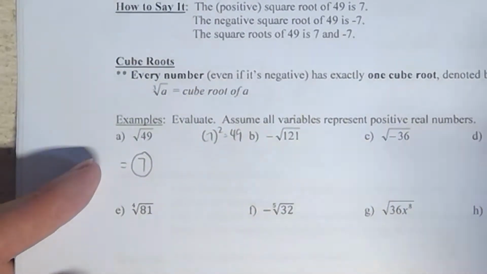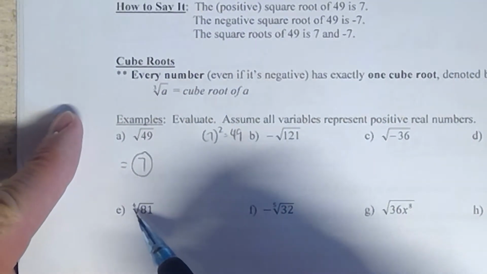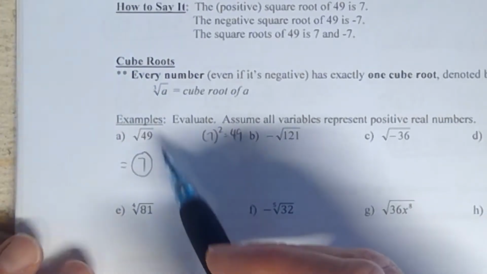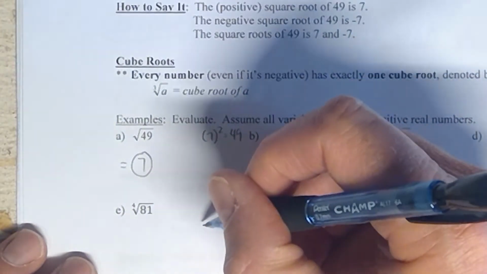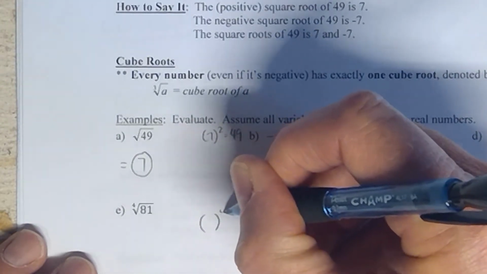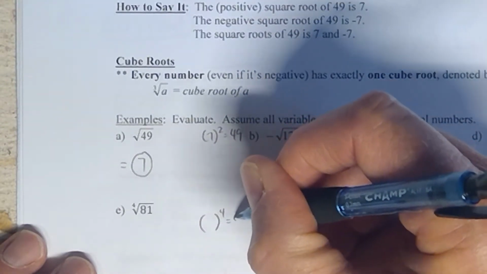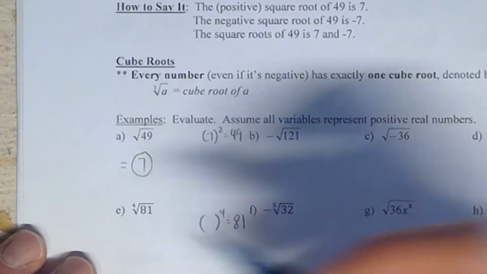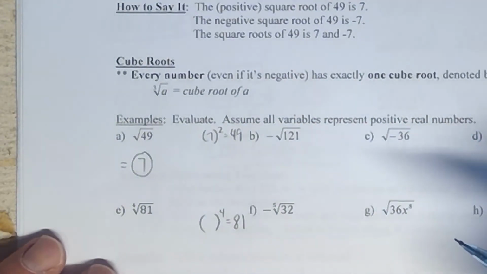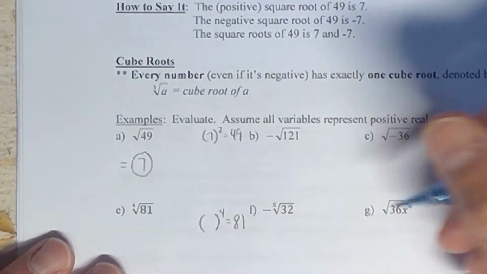We have other types of radicals as well. You can see down here that we have the 4th root of 81. That's the same thing as a square root, except they're asking what number do you take to the 4th power to equal the number on the inside, which is 81. Here they are asking for what?